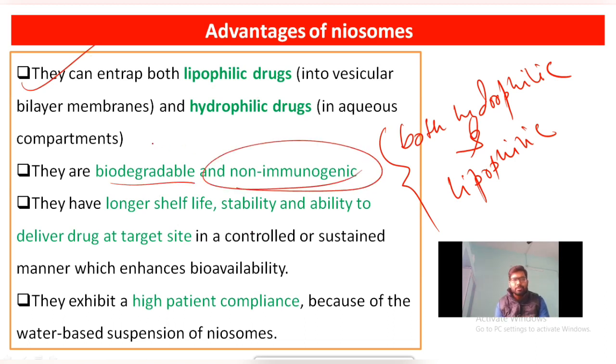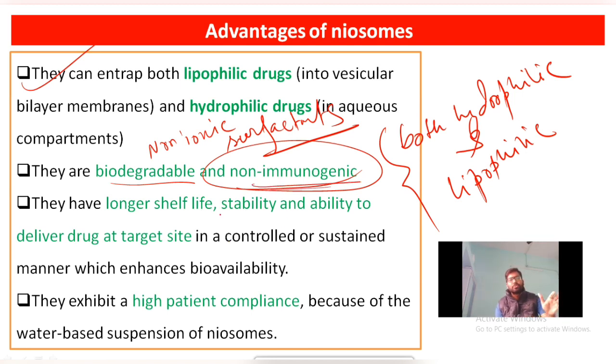We make Niosomes with the help of non-ionic surfactants, which are generally non-irritant, so they are non-immunogenic also. Niosomes also offer sustained and controlled drug delivery as well as targeted drug delivery, and they provide high patient compliance. So these are the advantages of Niosomes.